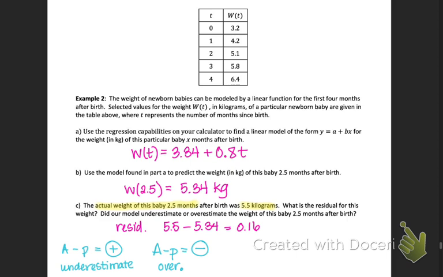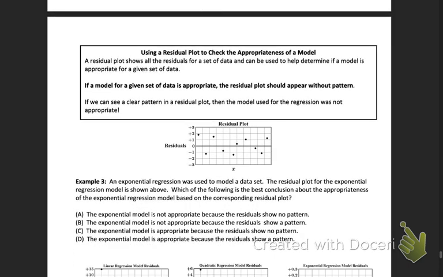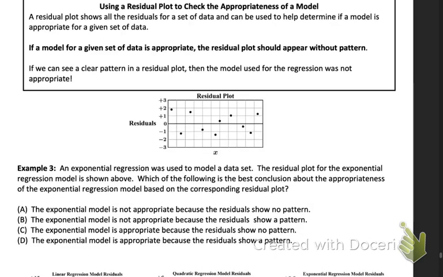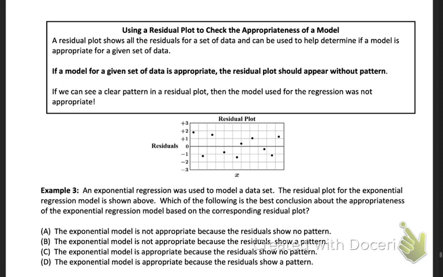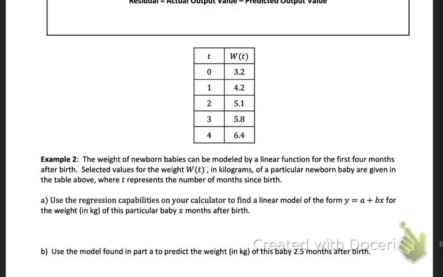And even more than that, what they're often going to ask you to do on the exam is they're going to give you what is called a residual plot. So for the baby weight problem, if I used my model to calculate the residual for each of these data values that I've been given, and then I plot those on the graph.